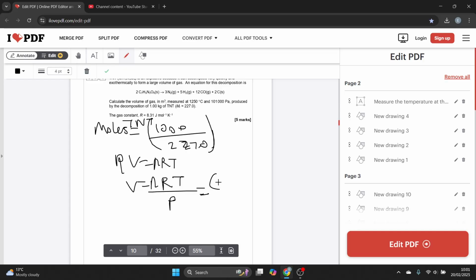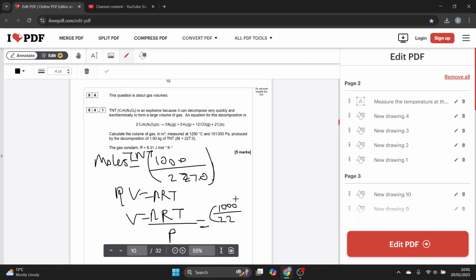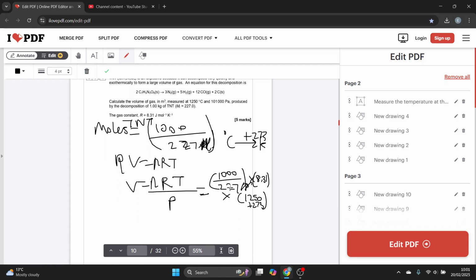So the number of moles is 1000 divided by 227. Then 227 times 8.31 times the temperature in Kelvin, 1250 plus 273, degrees Celsius to Kelvin. We just add 273, and vice versa, Kelvin to degrees Celsius, minus 273.